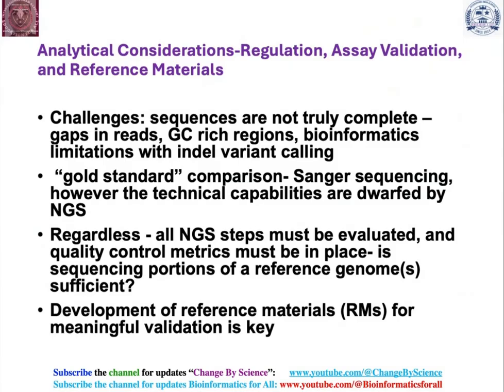Regardless, all the NGS steps must be evaluated and quality control metrics must be in place. Is sequencing portions of the reference genome sufficient, or do you need to think of something different? Development of reference materials for meaningful validation is the key to success for NGS application.